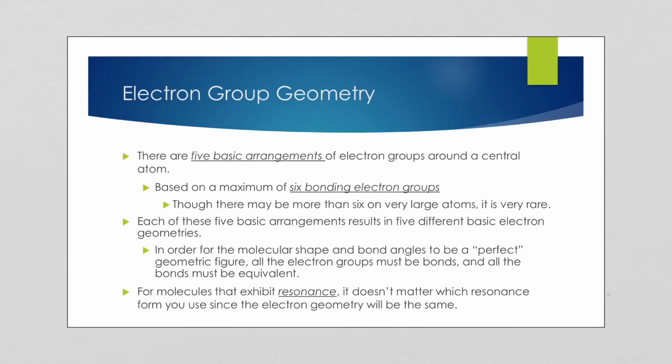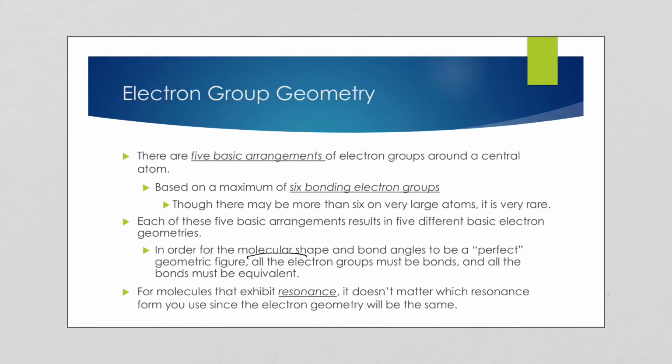Now, in this particular book, they call these 5 basic arrangements electron group geometries. And it's sort of a stepping stone to get to what we're actually looking at, which is the molecular geometry, or molecular shape of the molecule.